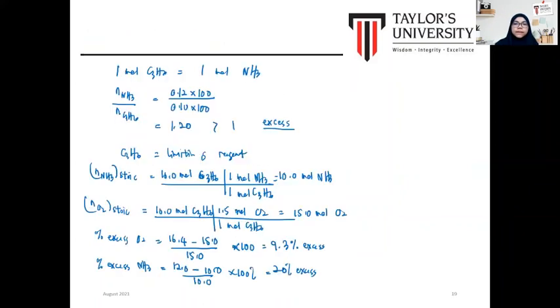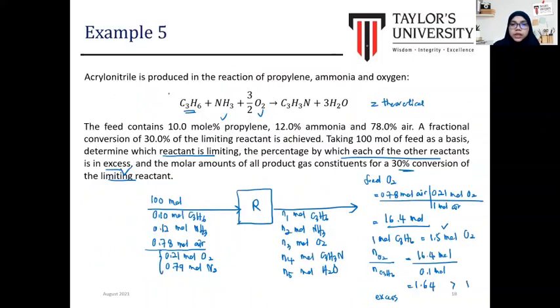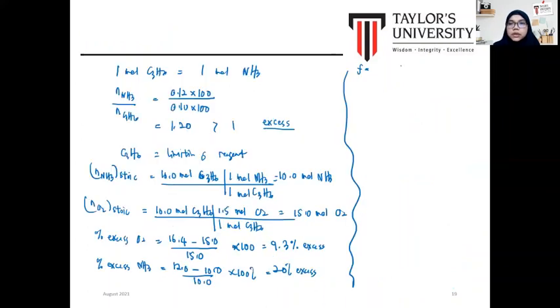And then, the fractional conversion given is 30%. So 1 minus F is 0.7. How to calculate?